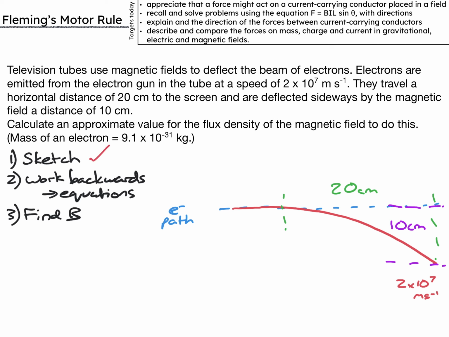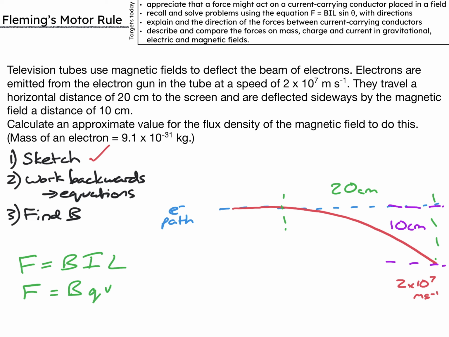Step 2 was to work backwards to decide how to answer the question. So, what equations do you know? I won't wait, because hopefully you're very quickly coming up with F equals BIL and F equals BQV.